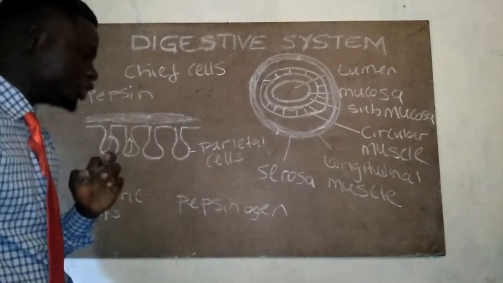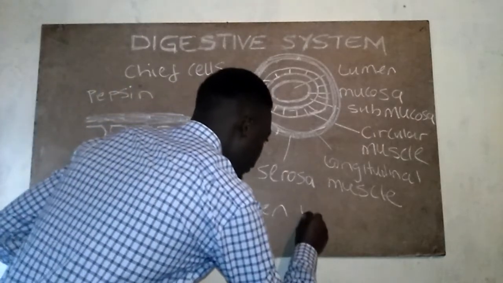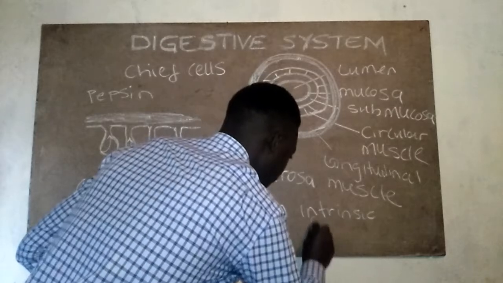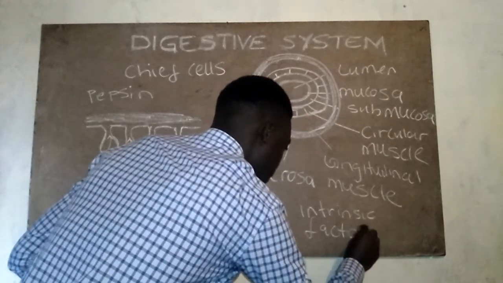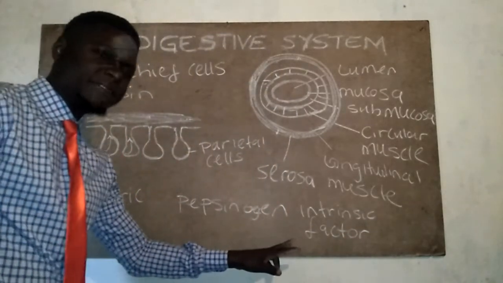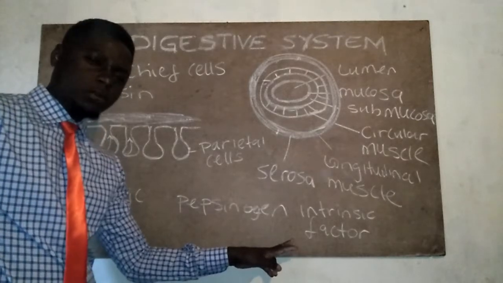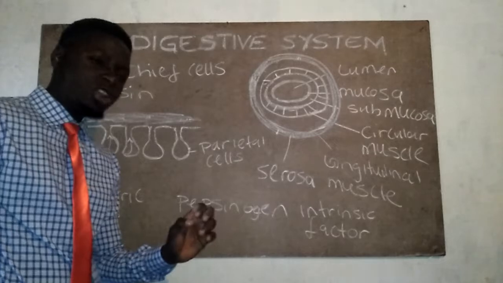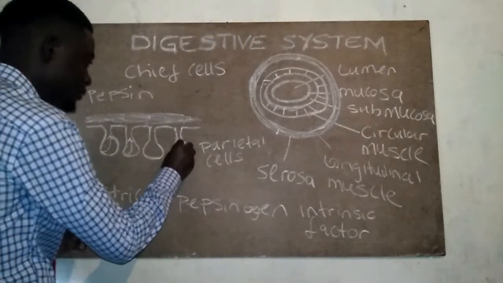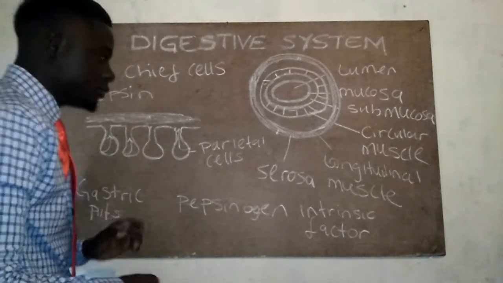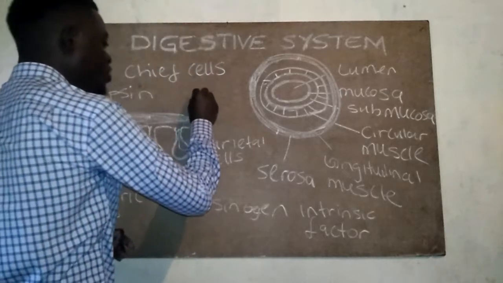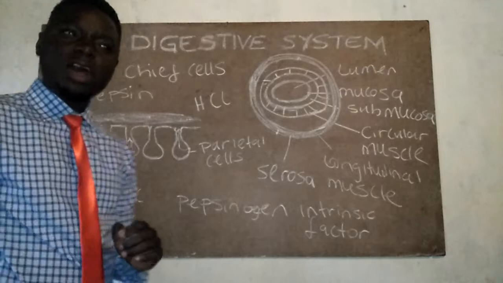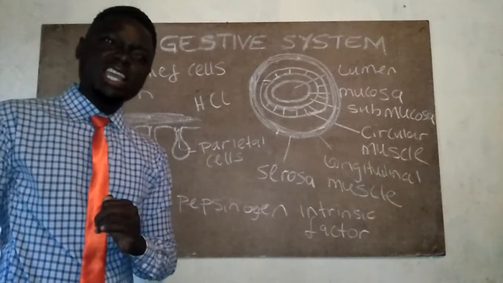They are going to produce intrinsic factor, and the intrinsic factor is very important for the process of vitamin B12 absorption. They are also going to produce hydrochloric acid. That's why we always have hydrochloric acid in the GI tract.